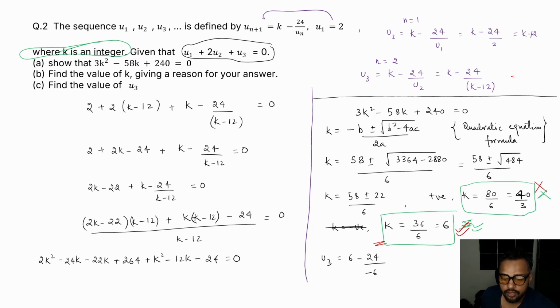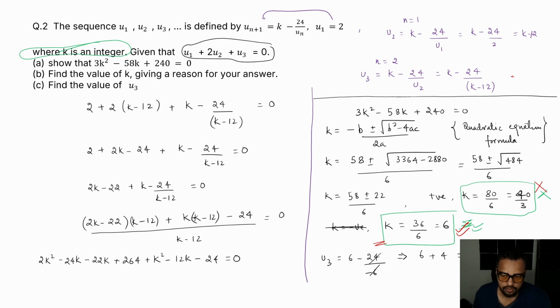So what we are getting here, students, is negative of 24 upon k negative of 12. So we'll be getting this u3 as 6 plus of 4, because this and this got cancelled, so negative sign will be positive.